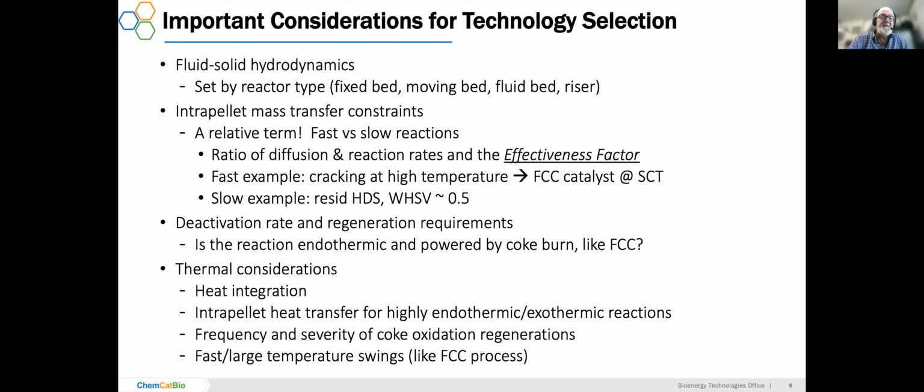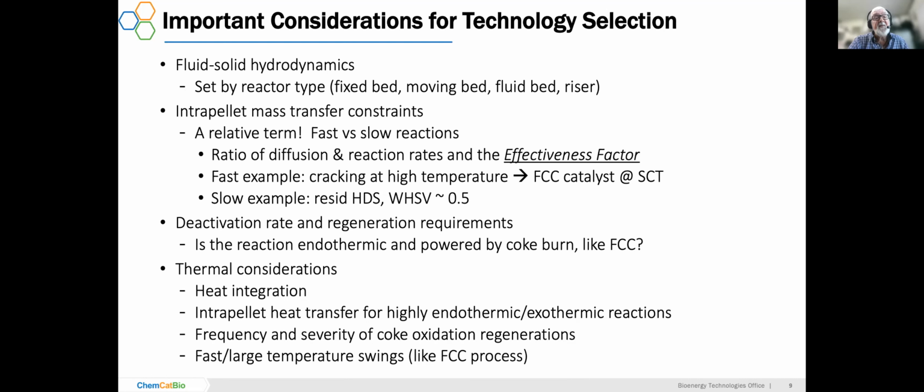And I've only made a short list here because it would actually be a much longer list than this. The first is fluid solid hydrodynamics. And the second is interpellet mass transfer constraints. And by that, I actually mean the ratio of diffusion and reaction rates in something called the effectiveness factor. Now, these two I'm going to address in a couple of slides immediately following this.